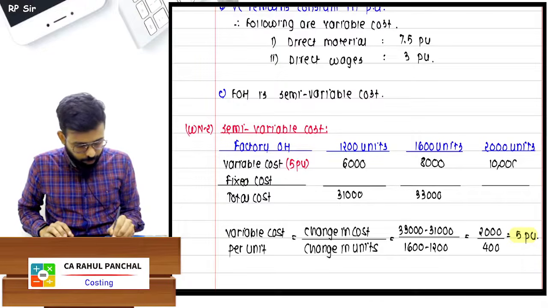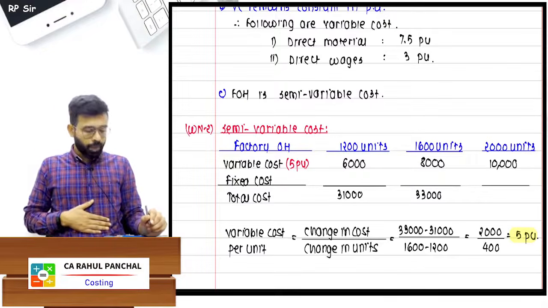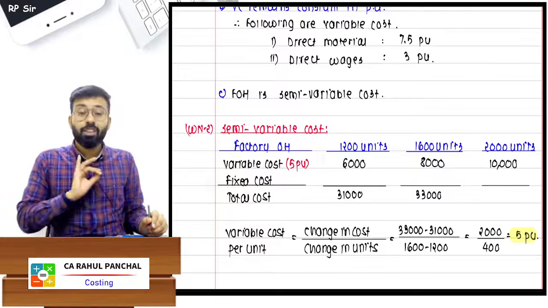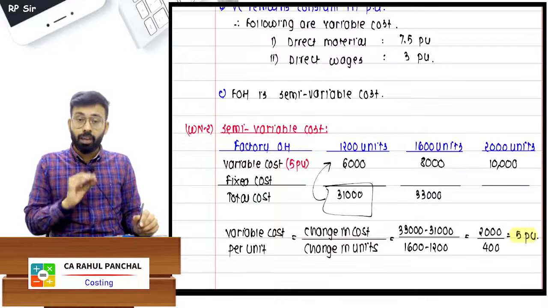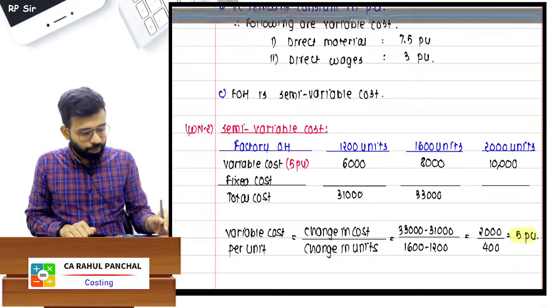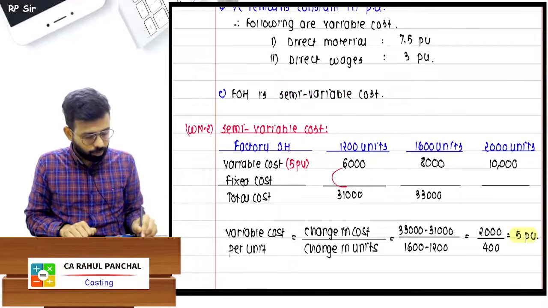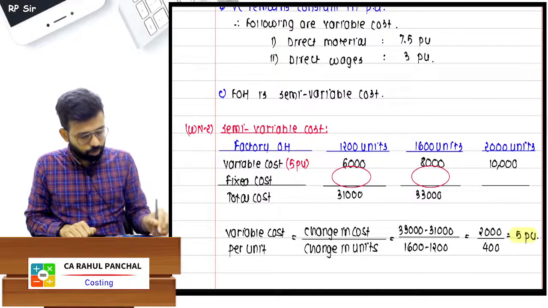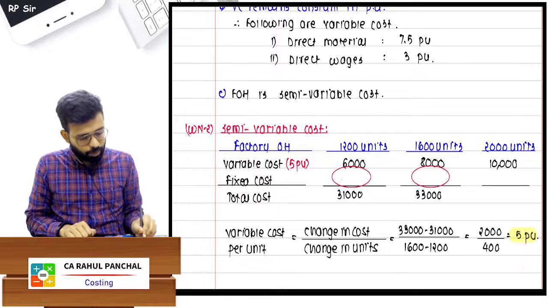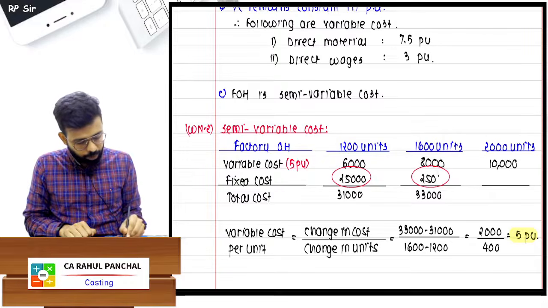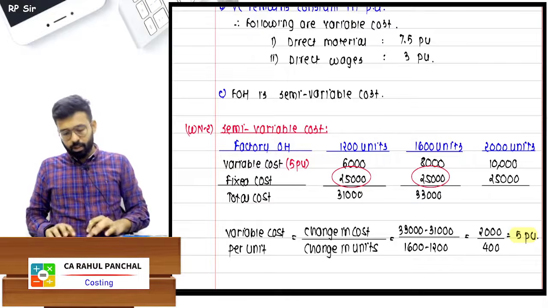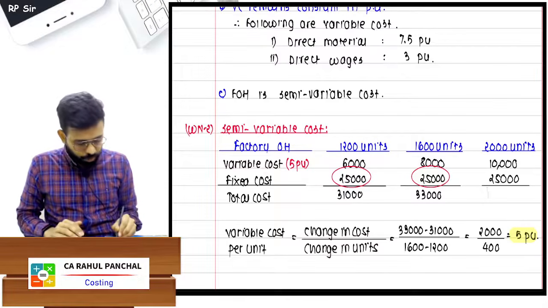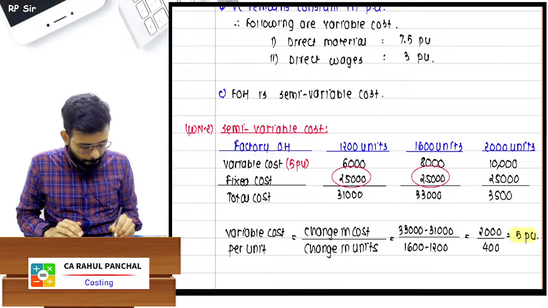Your total cost is 31,000. Out of that, I know how much is variable, so my balancing figure will be the fixed cost, 25,000. Whether I produce or not, I will have to incur 25,000 as a fixed cost, whatever units I produce. Then 10,000 plus 25,000 will be 35,000.